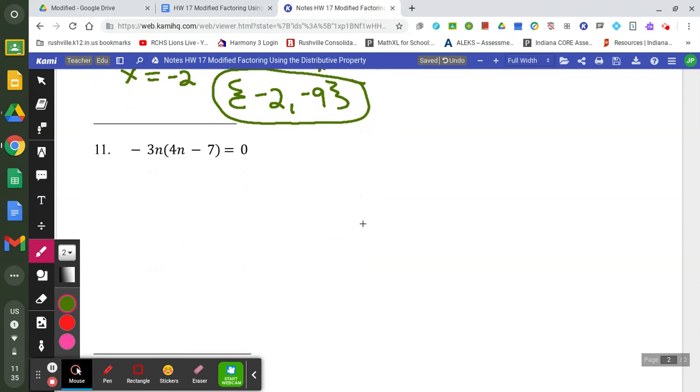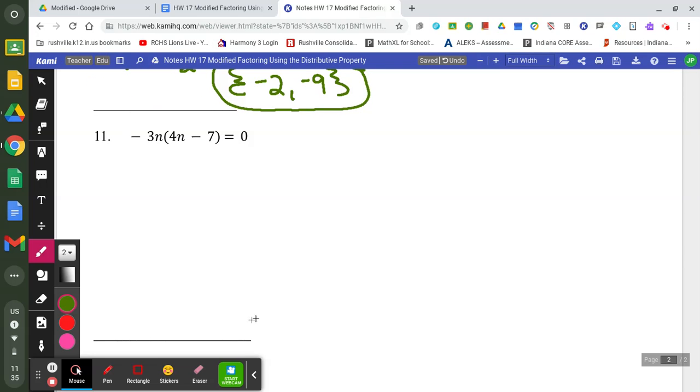So the number 11 is just like it. It looks a little weird because it doesn't have two parentheses, but it's the same procedure. So I take this factor or this term, negative 3n, set it equal to 0. And then I take this parenthesis and set it equal to 0.